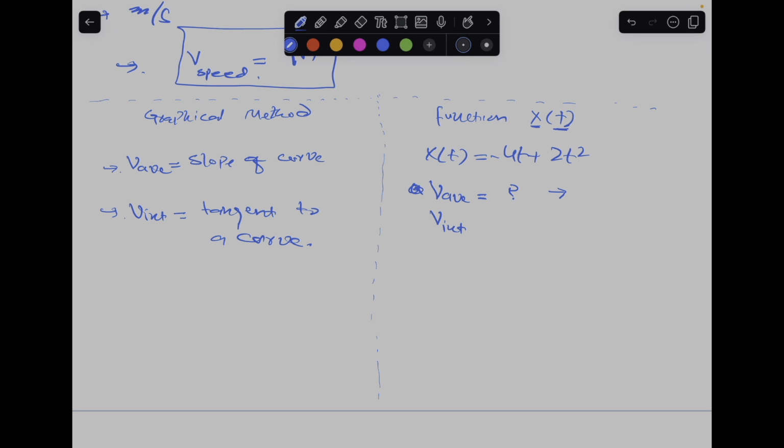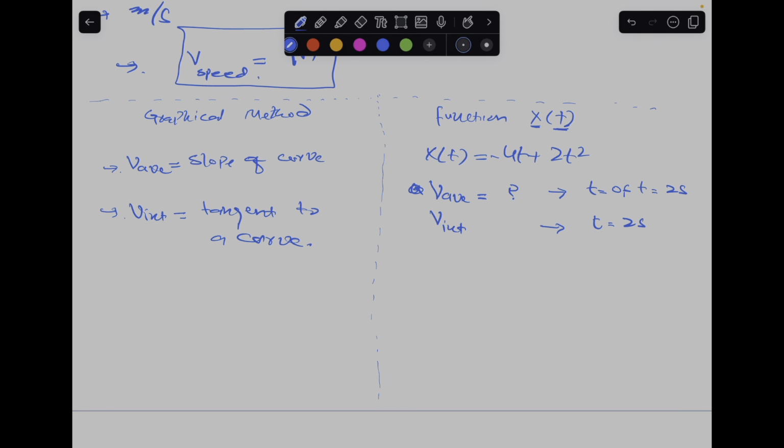So the interval is given, t equals 0 to t equals 2 seconds. And instantaneous velocity will always be calculated at a particular instant of time. So only the time at which we wanted to calculate is given, not an interval.